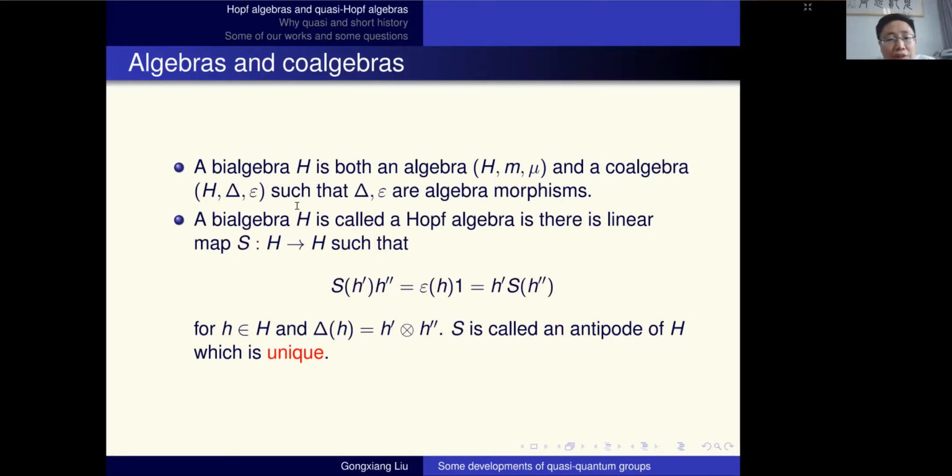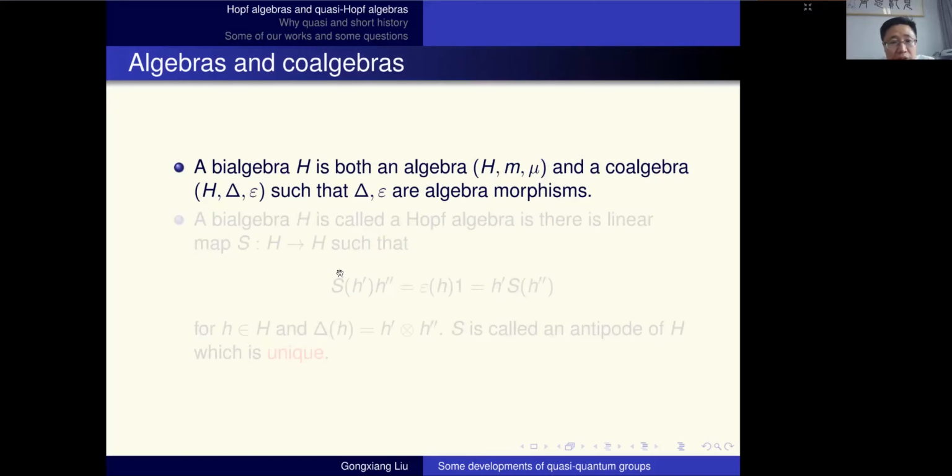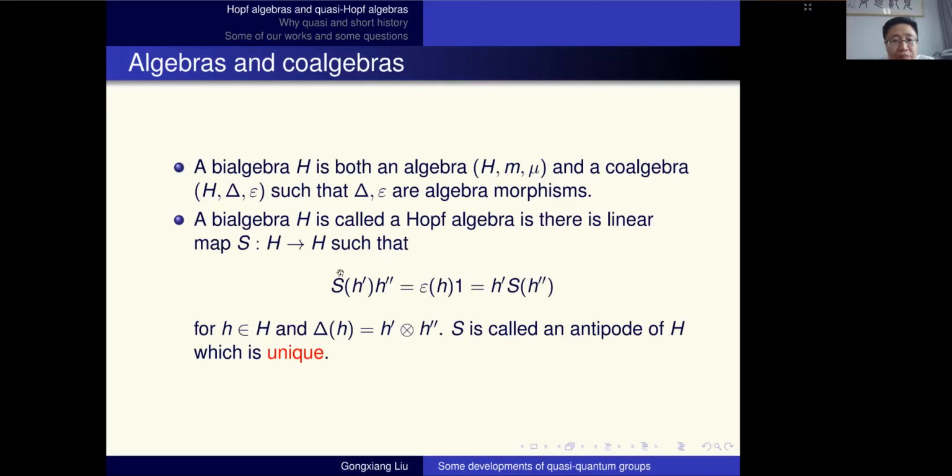So what is a Hopf algebra? A Hopf algebra is just a bi-algebra plus another linear map. We call it the antipode. The definition of antipode is just this equation: S(h') h'' equals this.